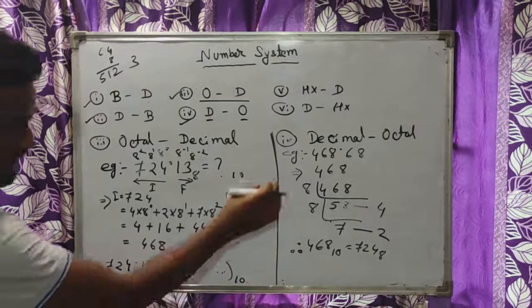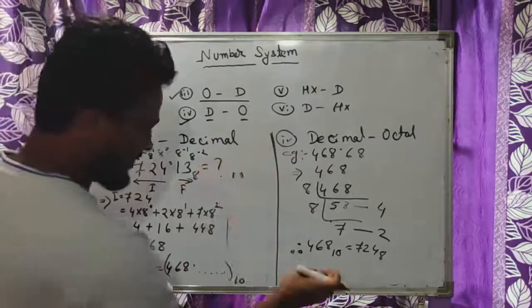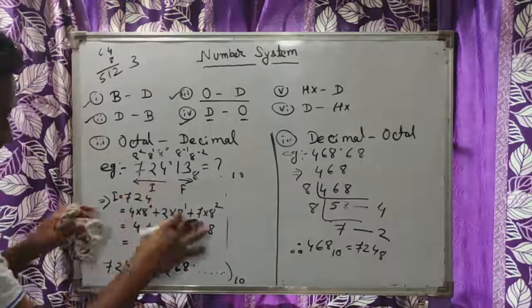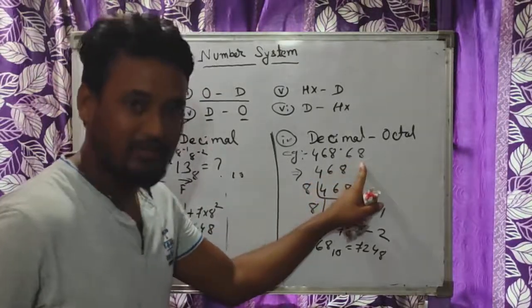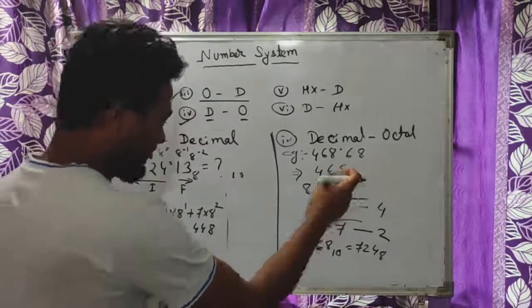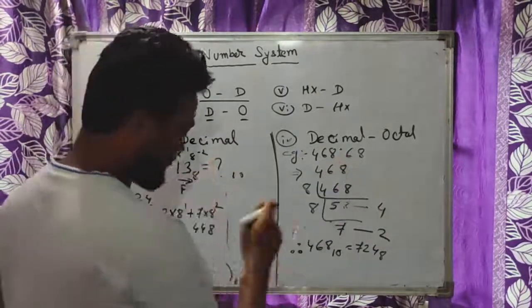In this method we are doing decimal to octal. The decimal number is matching, that means this is correct. Now this fraction part, I am assuming that after dividing that method we are getting 68, assuming. So you have to do this part.